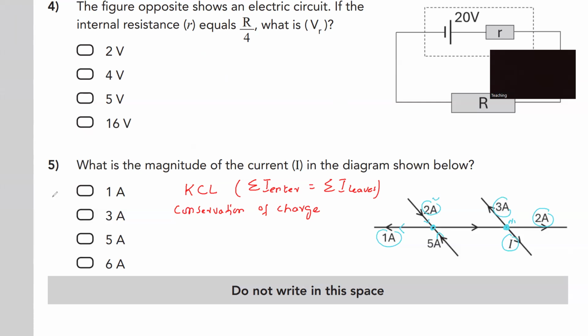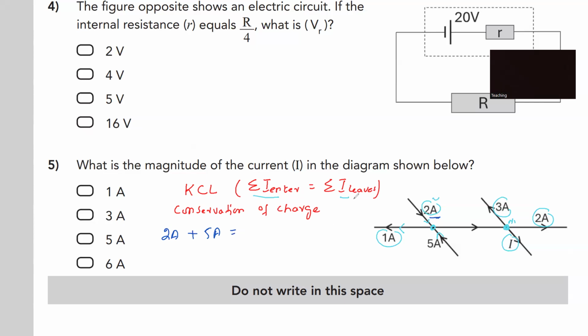How can you get the answer? The first thing is current entering is equal to current leaving. What is the value of current entering here? 2 ampere enters, plus the second one, 5 ampere, which is also current entering.